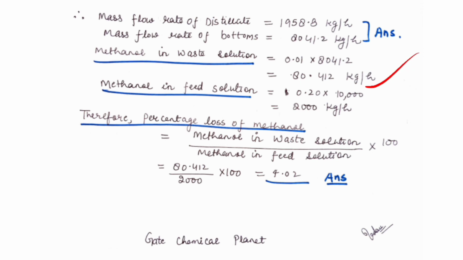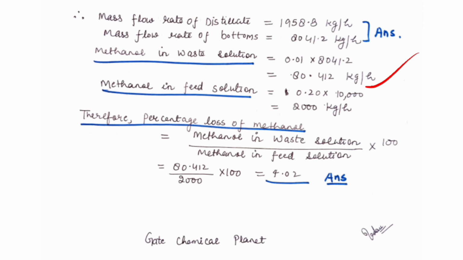How do we calculate the methanol in the feed solution? The feed solution contains 20% methanol, and the feed flow rate is 10,000 kg per hour. Multiplying 0.20 by 10,000, we get 2,000 kilograms per hour. Therefore we can easily calculate the percentage loss of methanol. What is the meaning of percentage loss of methanol?